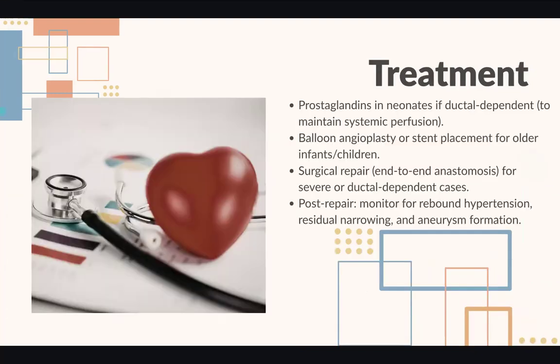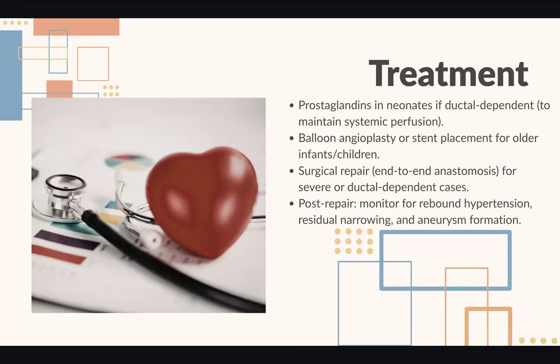All right, so treatment. Treatment is all going to be dependent on the age of the child and the severity. In neonates with a kind of ductal dependent circulation, we're going to give them prostaglandins to help maintain that systemic perfusion. In older infants and children, we're looking at a balloon angioplasty or even a stent placement.